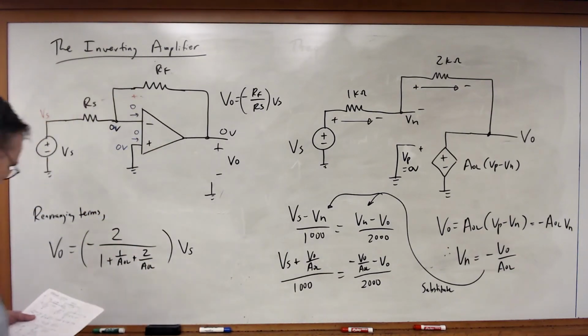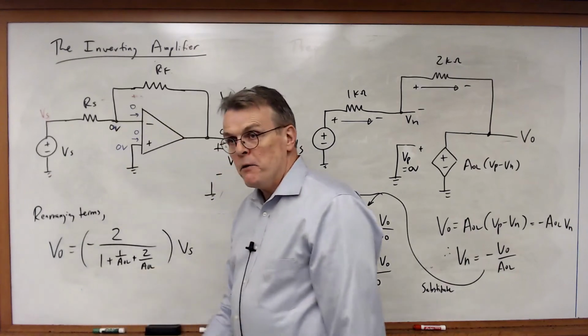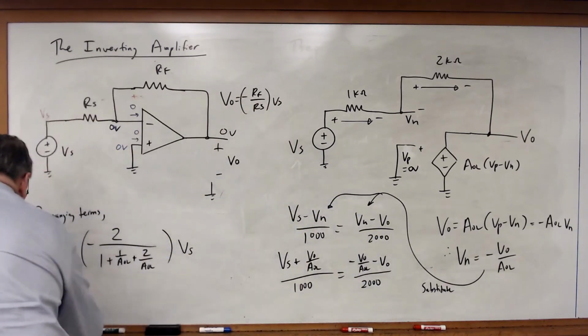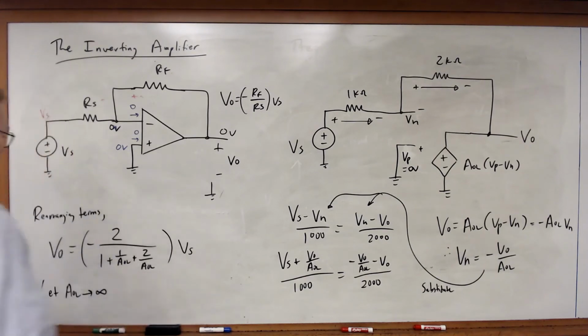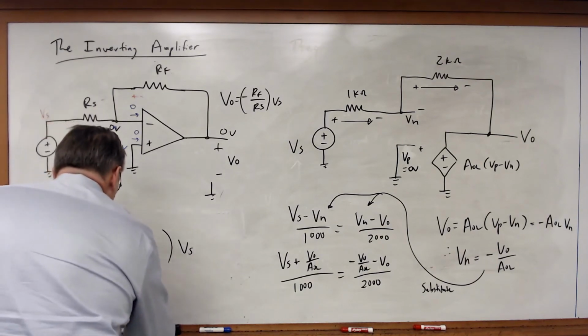And now, let's let AOL go to infinity. What do we get? We get that VO is equal to minus 2 times Vs.